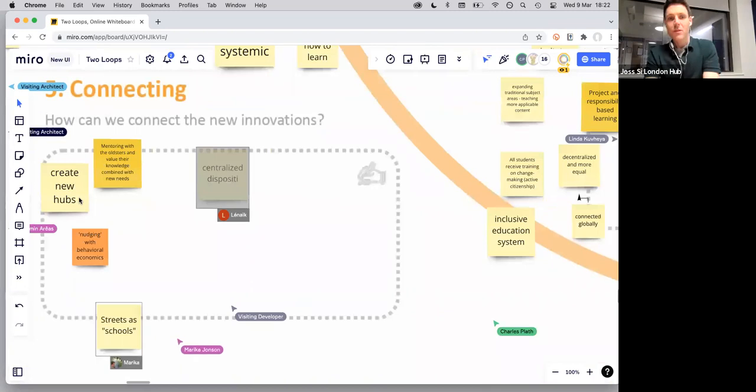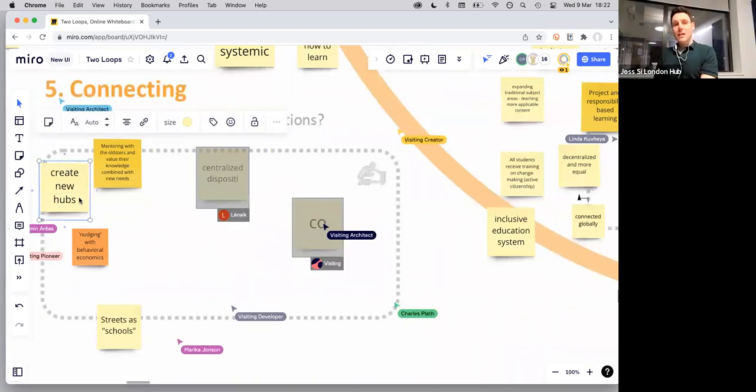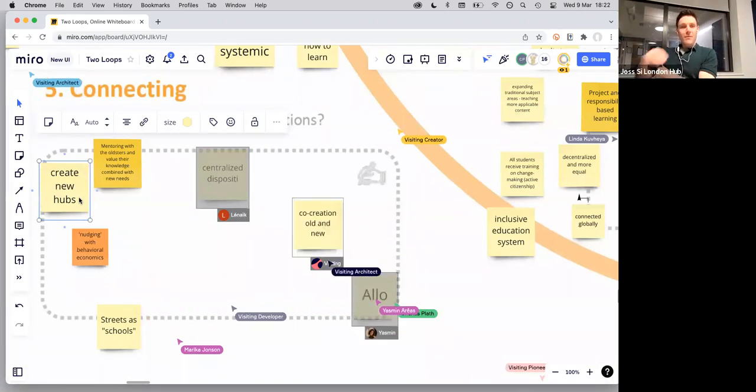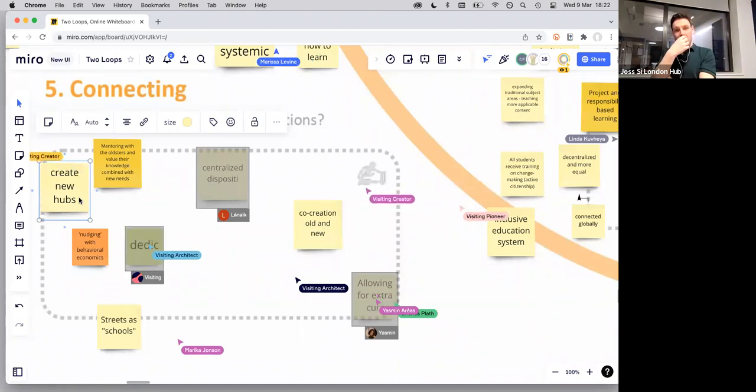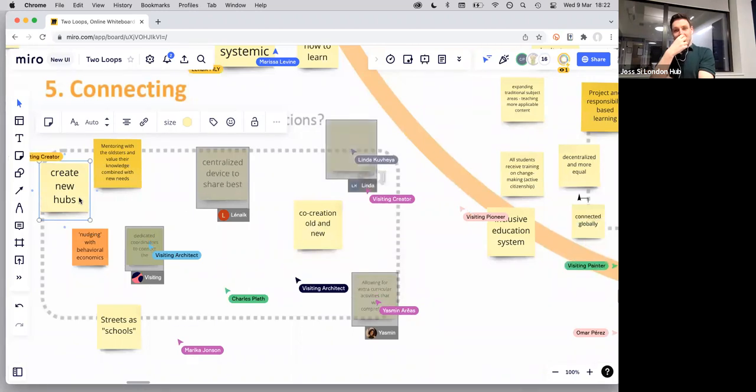Hubs, yeah, right. Learning hubs, we'd call them. Streets as schools. Yep. Co-creation, old and new.